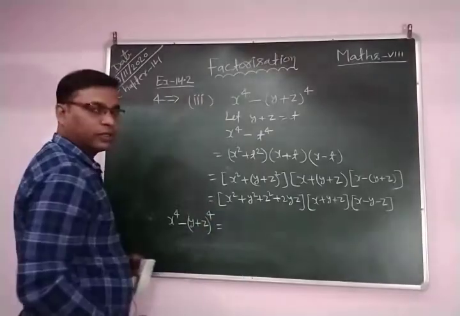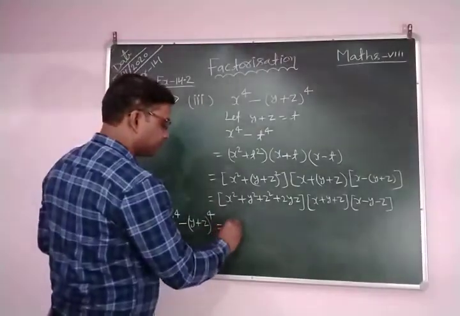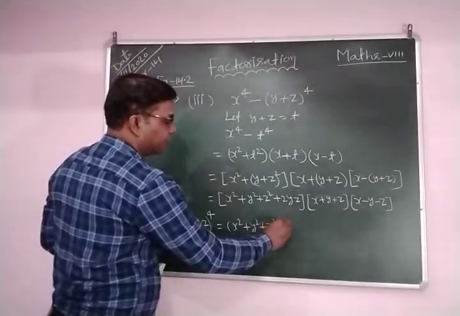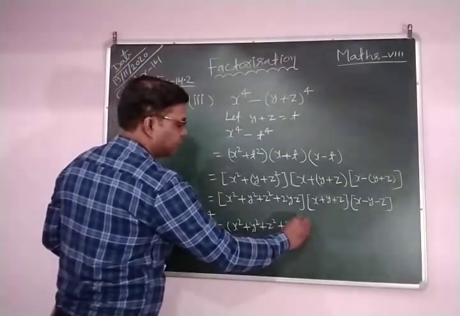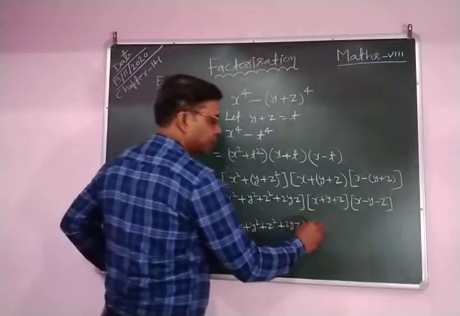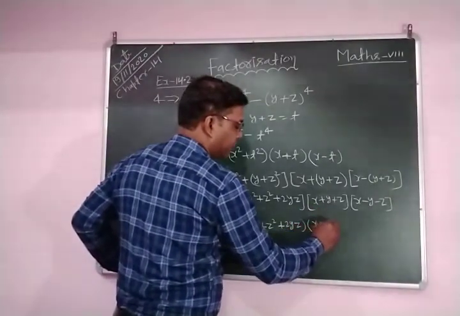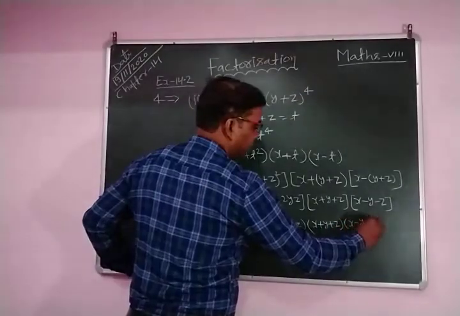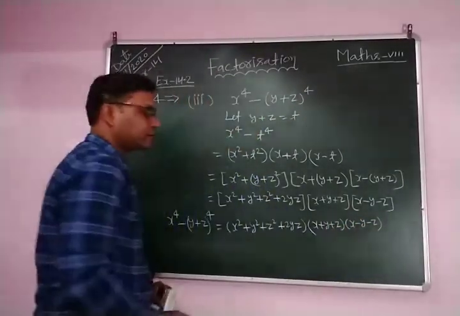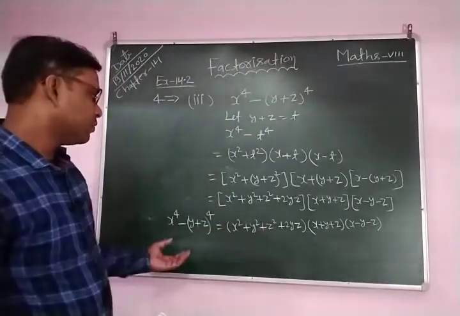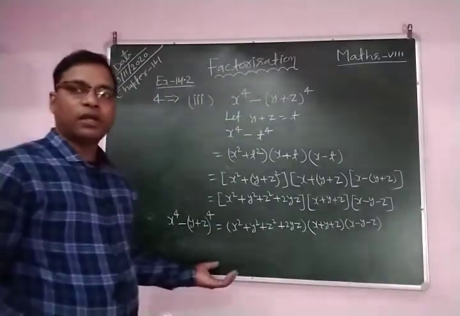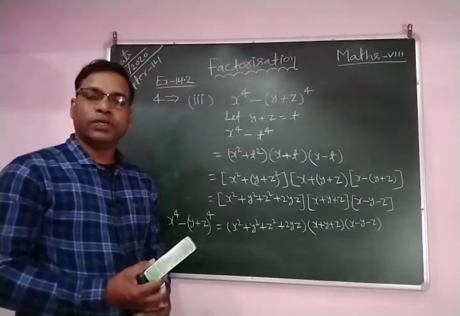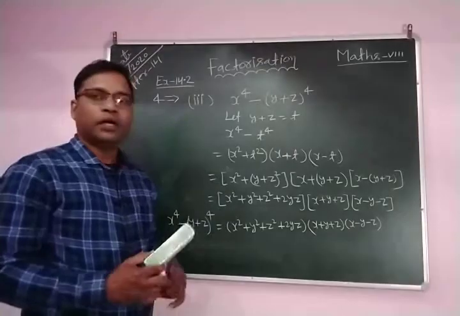This is equal to x square plus y square plus z square plus 2yz into x plus y plus z into x minus y minus z. Clear? I hope all of you understood how to find the difference of two numbers whose power is 4 or above.